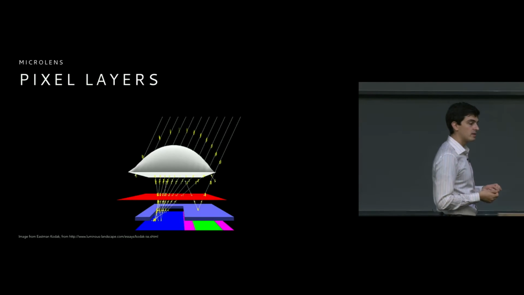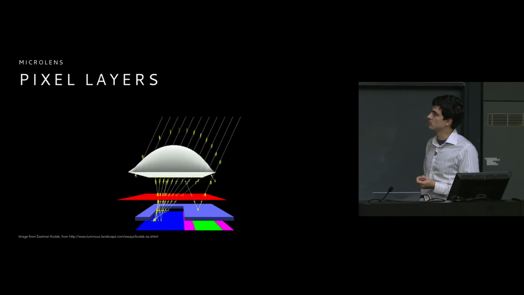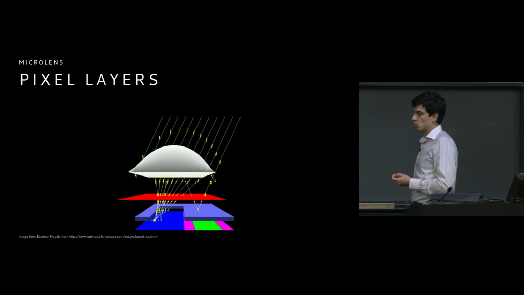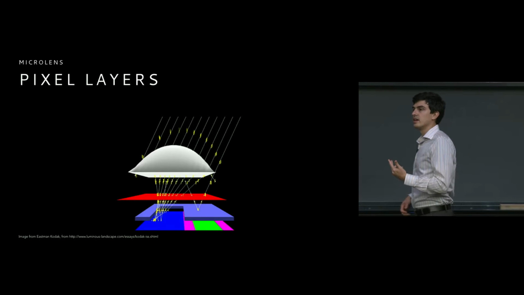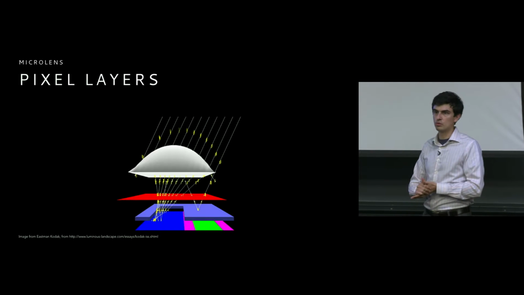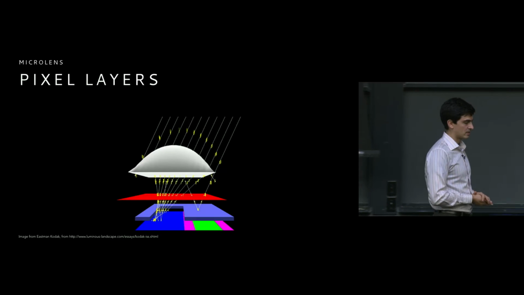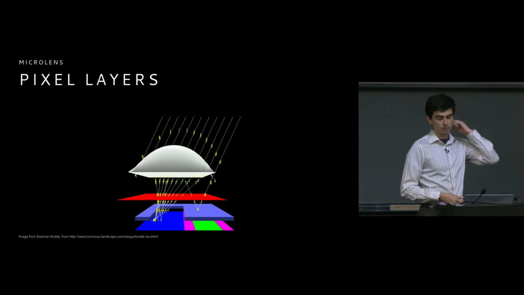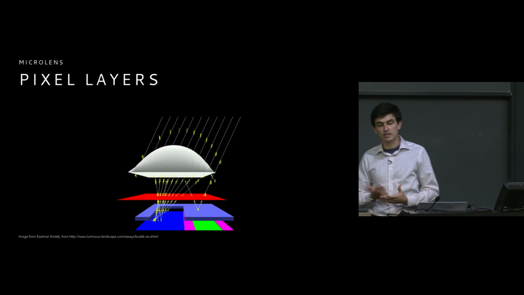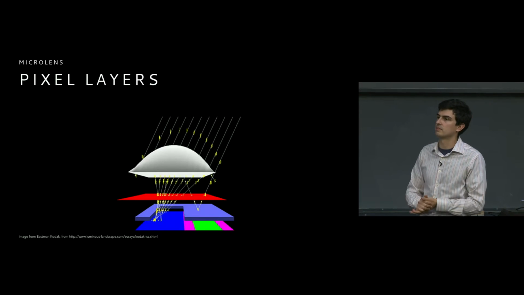If it can focus the light onto a photodiode more efficiently, or if it can reflect less light or scatter less light to areas that are not on the photodiode, then we will improve the performance and get much better low light capability out of that sensor. And in fact, a lot of the improvements that we've seen in the past 10 or 15 years of digital cameras have been in the creation of improved micro lenses.